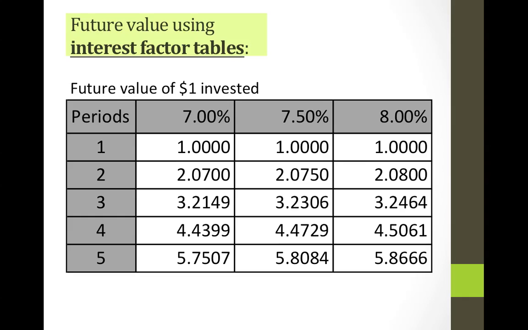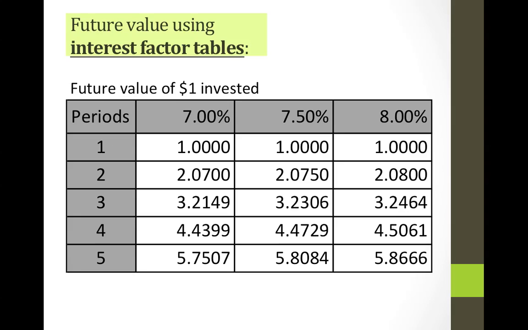This is just a very small extract of such a table that shows the interest factor for investing $1 at 7% for 4 years will be 4.4399.